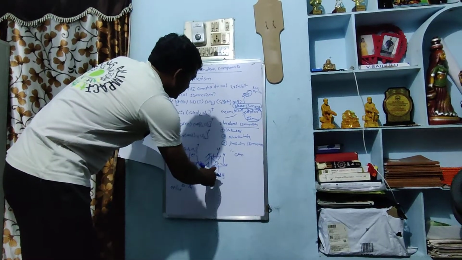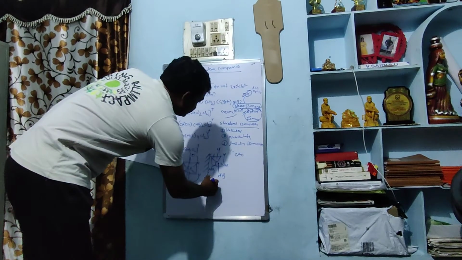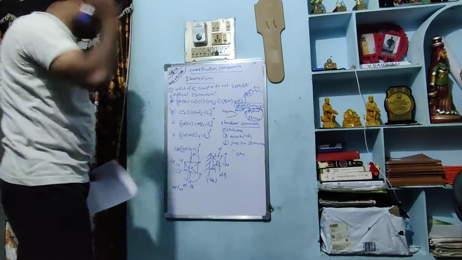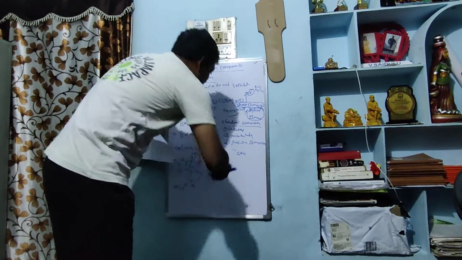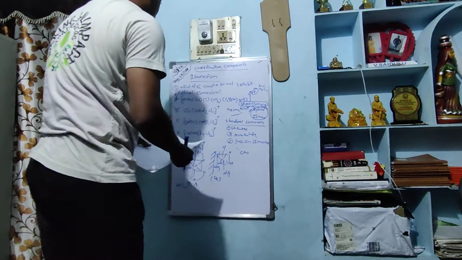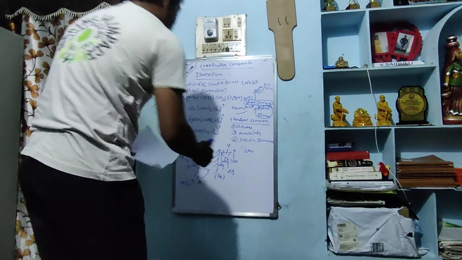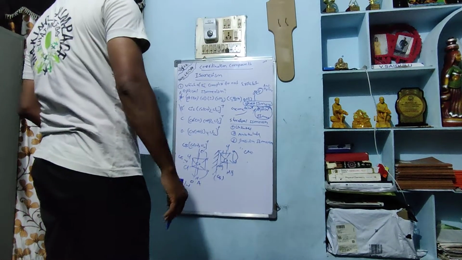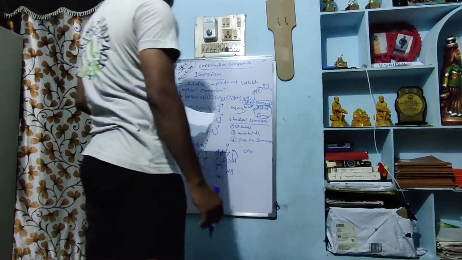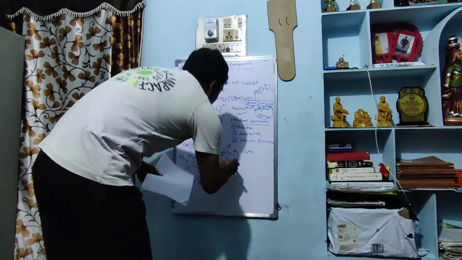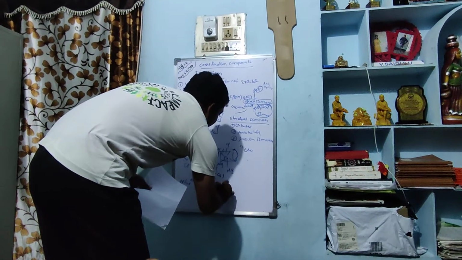These two nitrogens we have to take in cis form. All are in cis position. Then we have to take one more. All are in trans form. If you consider two ammonias and two chlorines in cis form, then this also has no plane of symmetry.